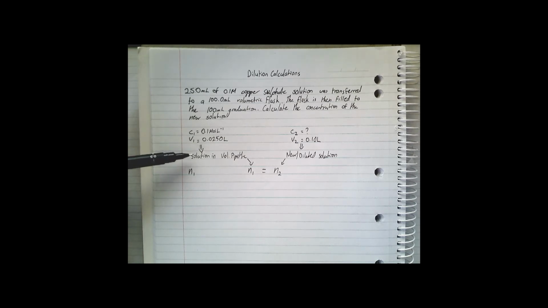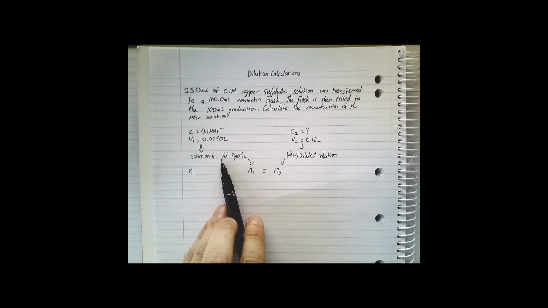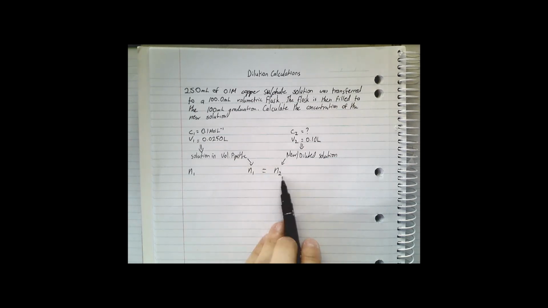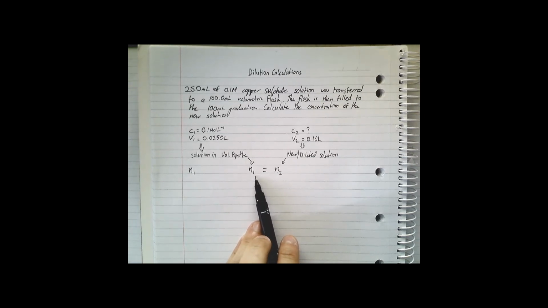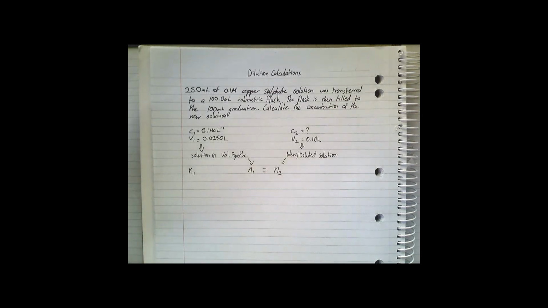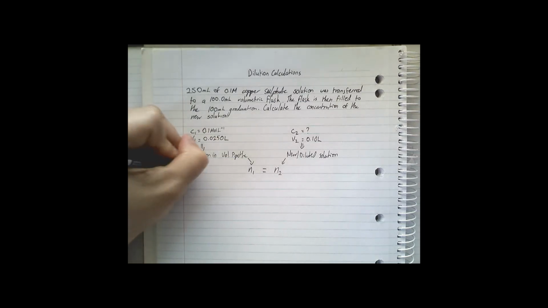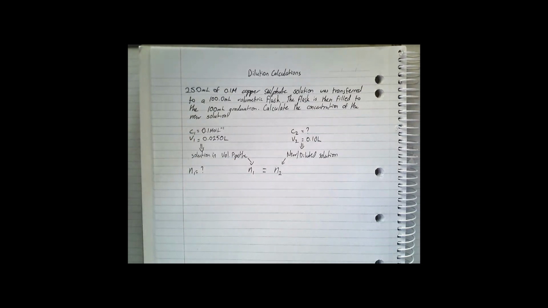So the only copper sulfate particles have come from the solution in the pipette. Which means that the number of moles or the number of particles of copper sulfate is exactly the same in both containers. Knowing this, we can do a little bit of math to first find out what is N1.